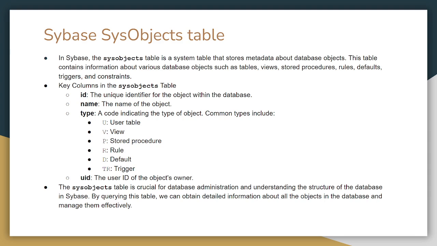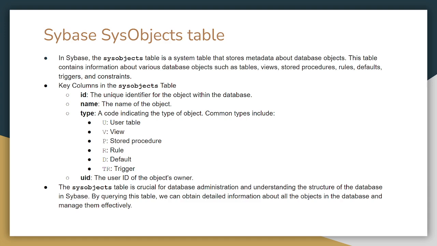Now, to start with understanding how efficiently we can test Sybase, it is important to know what the database tables are in which Sybase data is actually stored. One of them is Sybase sysobjects. The sysobjects table is a system table that stores metadata about database objects. This table contains information about various database objects such as tables, views, stored procedures, rules, defaults, triggers, and constraints.